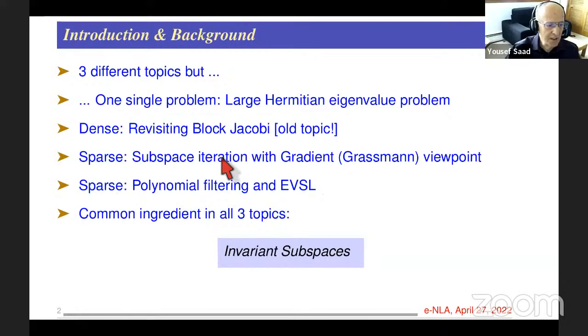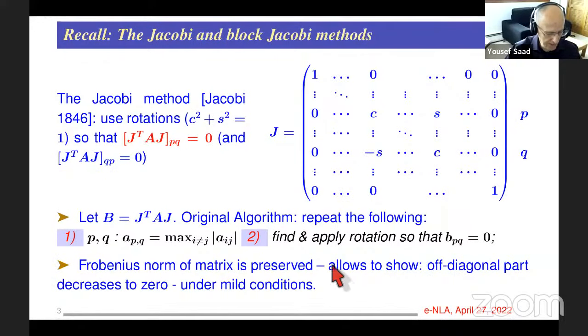The common ingredient in all of these is the topic of invariant subspaces, which is what relates all of these. Now I will just start with the Jacobi method.